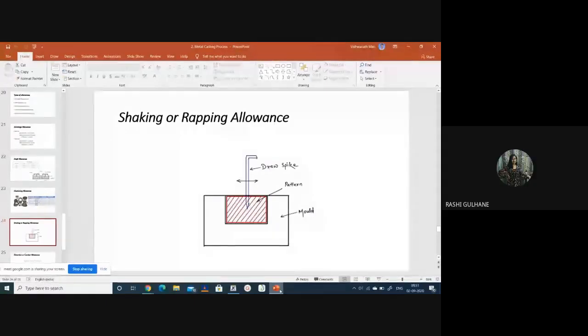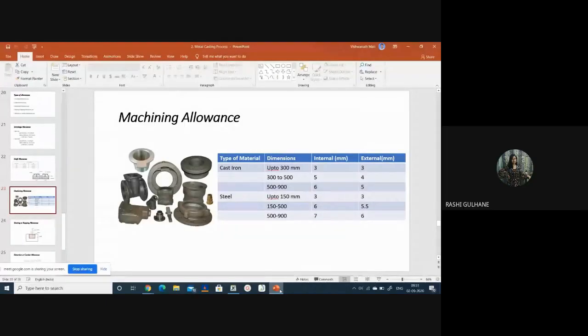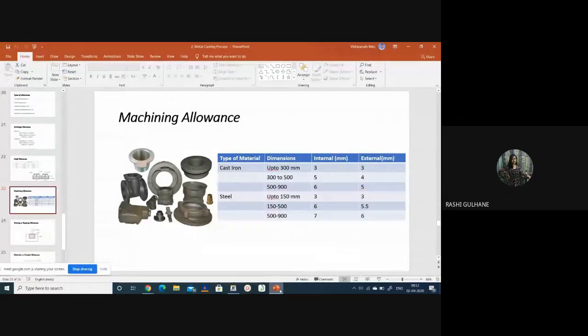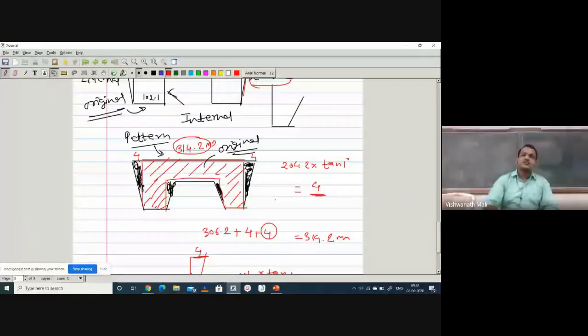Okay. So, sir, why is the numerical value of internal and external machining allowance different? Can you go back to the 23rd slide? Yes. In one row, again, the value is different for internal. So whenever there is a small internal shape, there we may need to go for more machining.